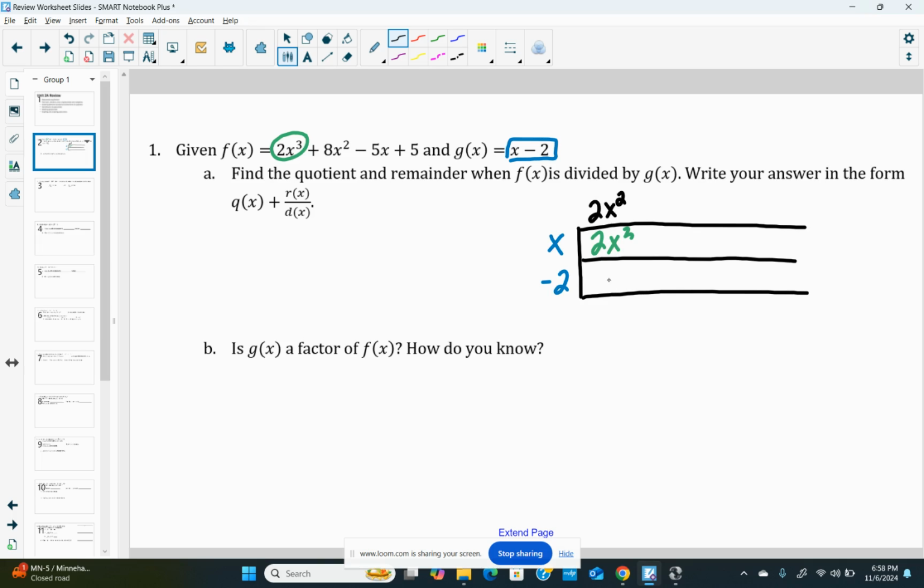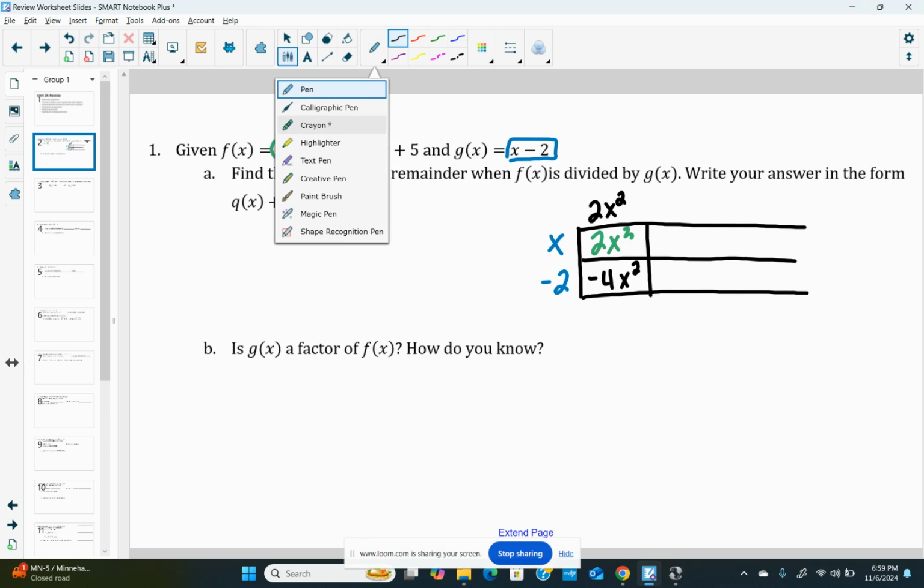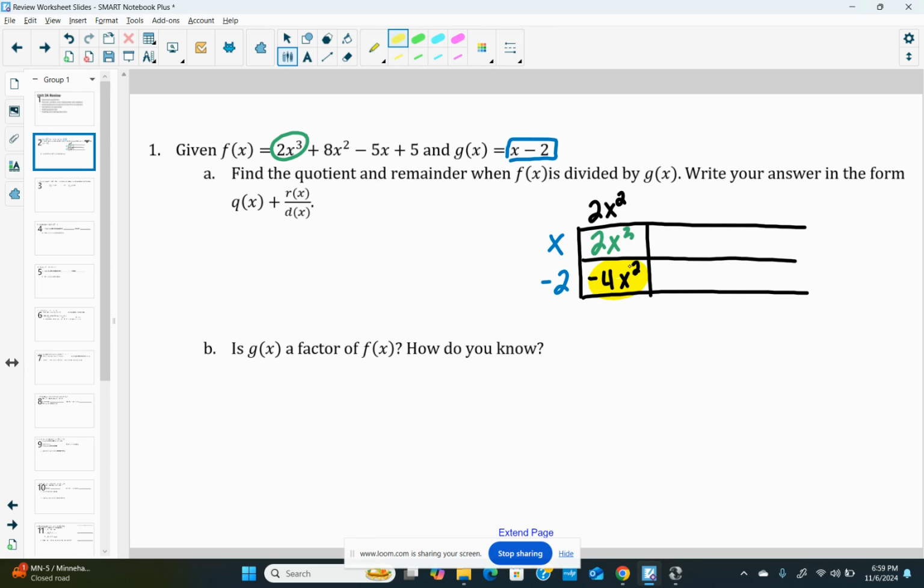Then we can multiply the top and the bottom together to get this bottom box. So 2x squared times negative 2x gives us negative 4x squared. And now the number in this box and this box needs to add to our x squared term. And so negative 4x squareds plus 12x squareds will get us up to that 8x squared.